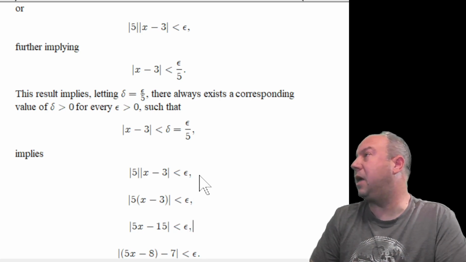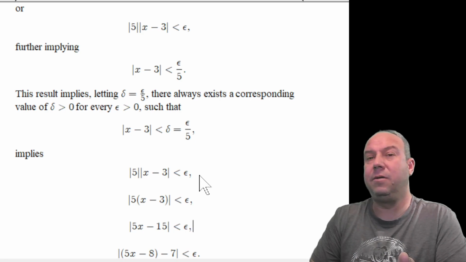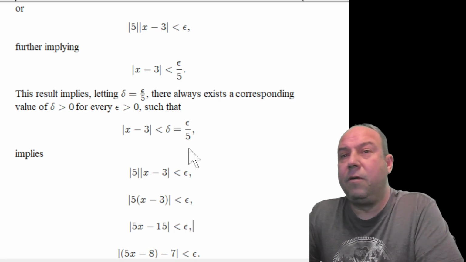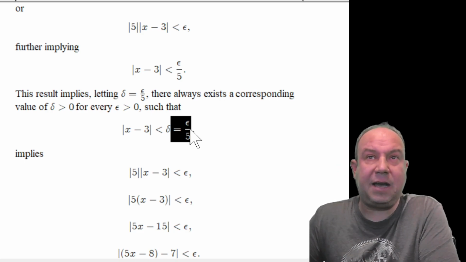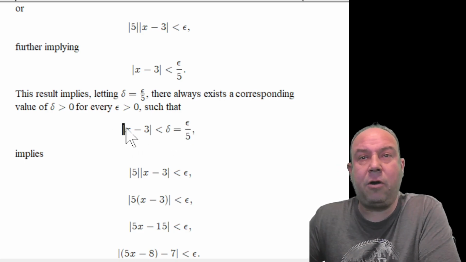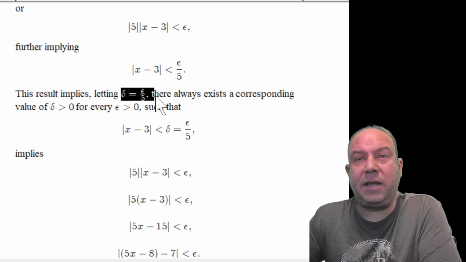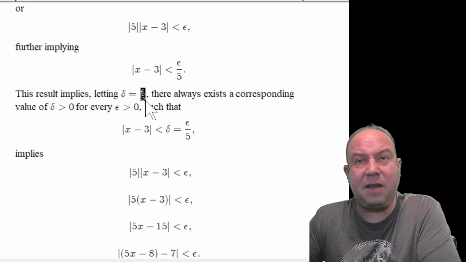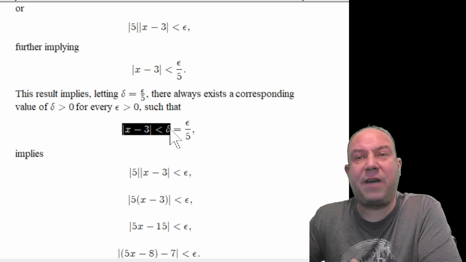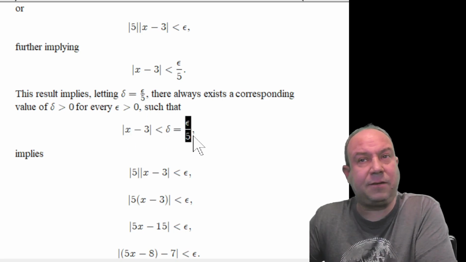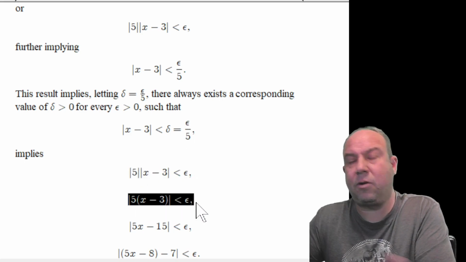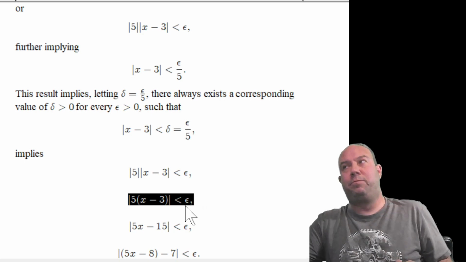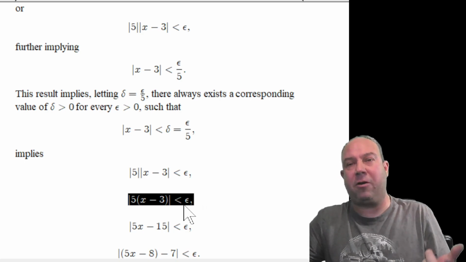All of these implications come about from the fact that I can let delta equal epsilon divided by 5. I've shown that for any epsilon there exists a corresponding value of delta greater than 0, epsilon divided by 5, such that if I start with this statement here and let delta equal epsilon divided by 5, I can work backwards through my preliminary work.